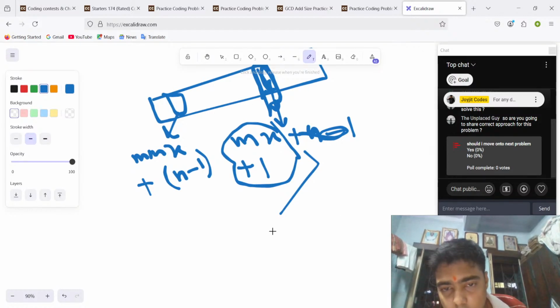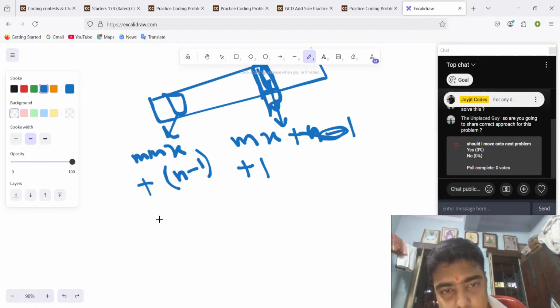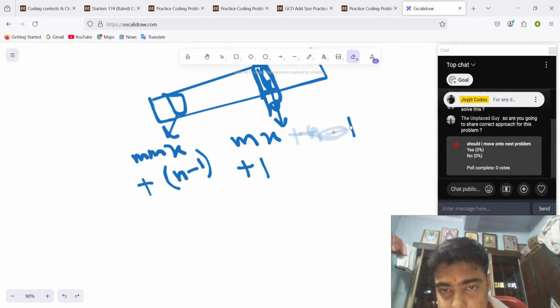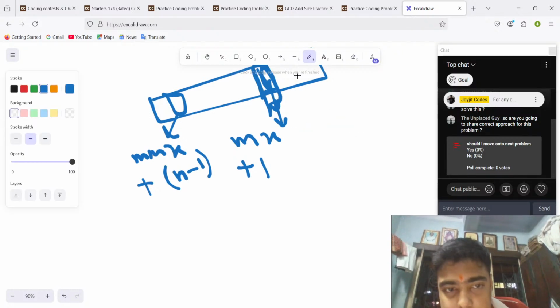Now, since we know this, there are only n possibilities out there. Because if there is a number, this mmx, I don't know what is the value of mmx. But what can be the value of mmx such that this condition holds is our main question. That is, this is greater than this. What is the condition?